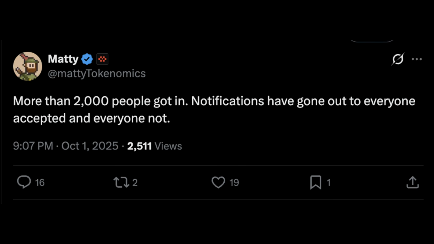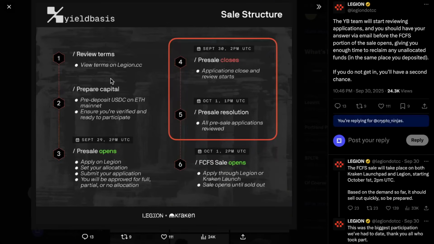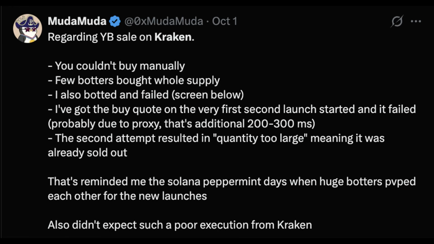However, only 2,300 participants were accepted, and the remaining slots were opened for the first come first serve phase 2. Phase 3 saw a $3 million pool, which sold out fast in a couple of minutes despite gas wars on Ethereum. It's notable to mention that the community was upset.